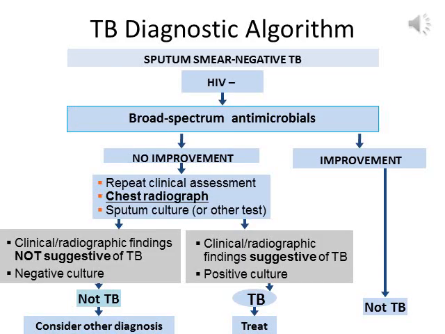Now let's see how chest X-ray could be used in the diagnosis of tuberculosis. In patients who do not present with signs and symptoms of a serious level of illness, namely those who are considered ambulatory, or in those who are HIV negative with non-severe illness, the evaluations may be managed along a somewhat different path.